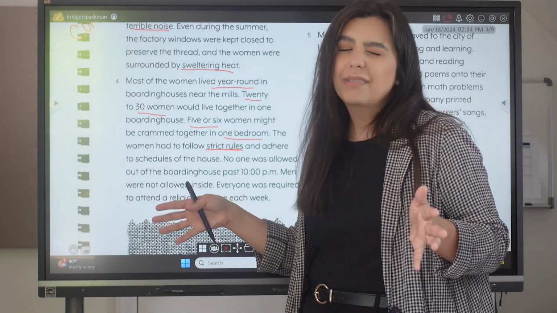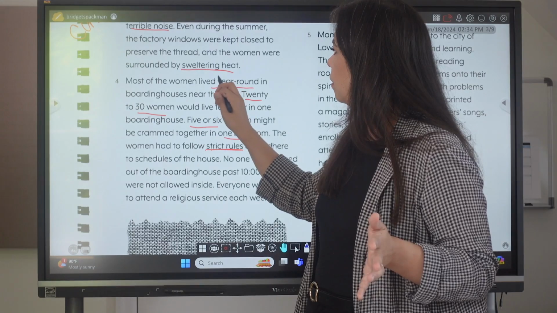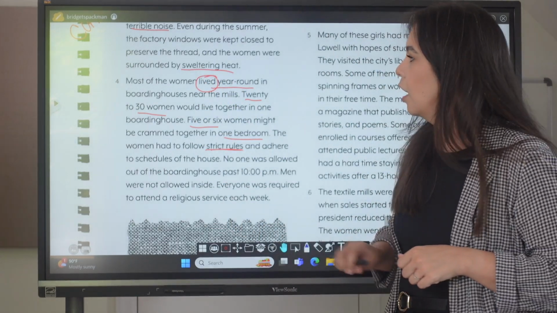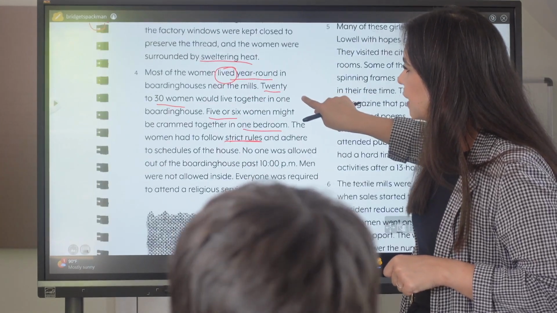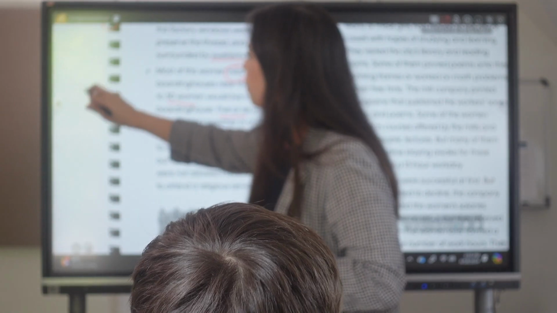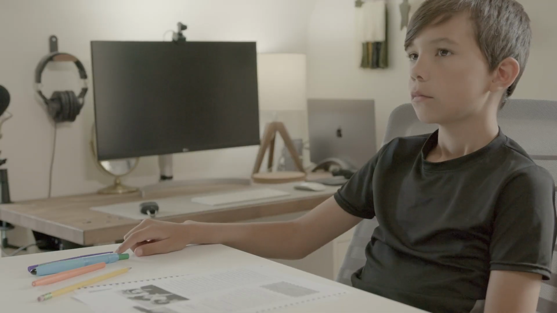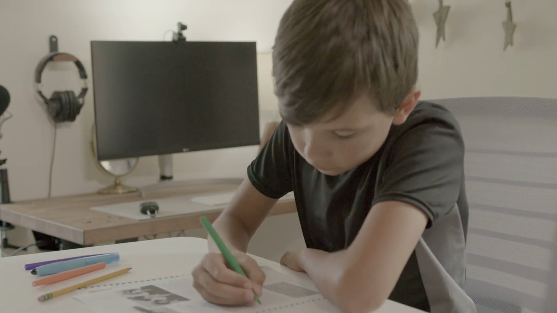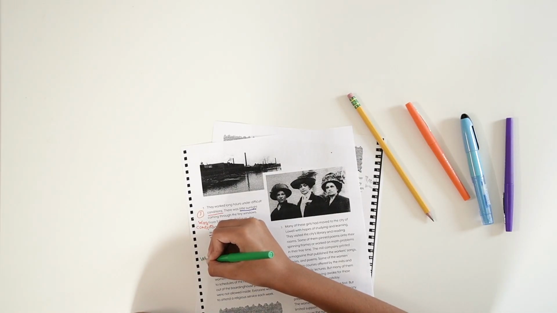Life. Kind of. It's about where they lived. So if we look at every single one of these details, it's where they lived. So my next roadmap is what? Where they lived.